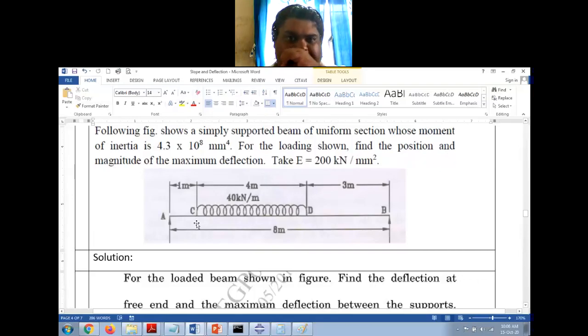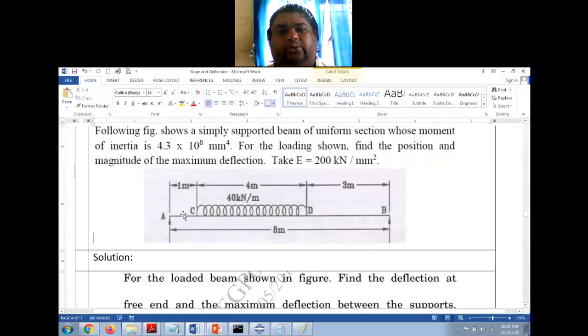Okay, so this is the given data. Now let us proceed. Whenever you have a UDL, you first have to see whether the UDL is from any of the ends.